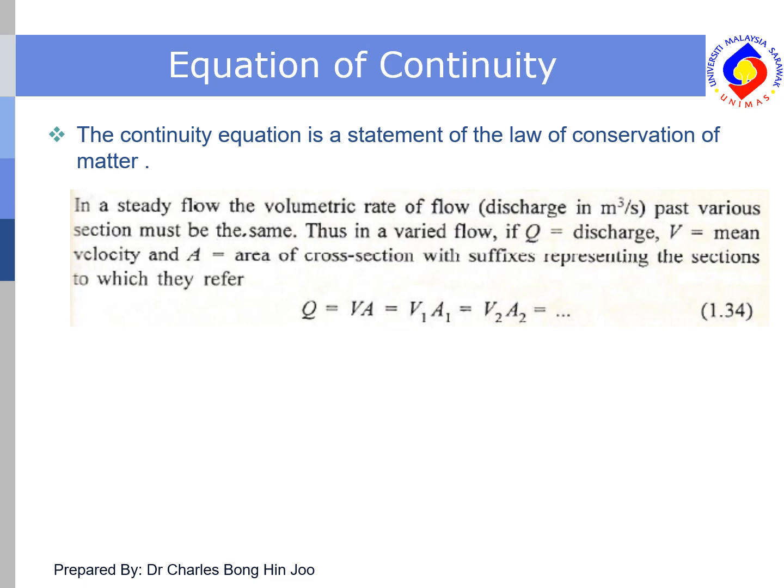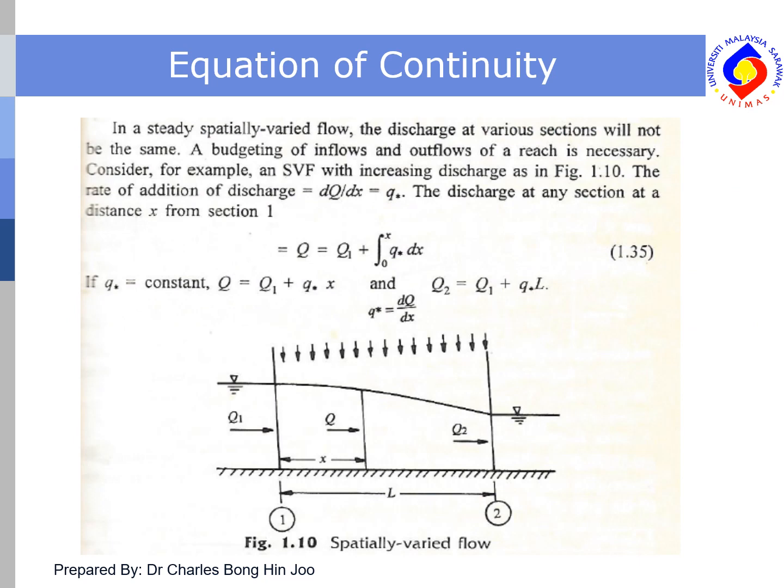In terms of the discharge Q, we can use the continuity equation, a statement of the law of conservation of matter. In other words, Q between two sections can be given as V1A1 equal to V2A2. So, for example, given in figure 1.10 for a partially valid flow, the discharge at any section which is a distance x away from section 1 can be given as in equation 1.35.